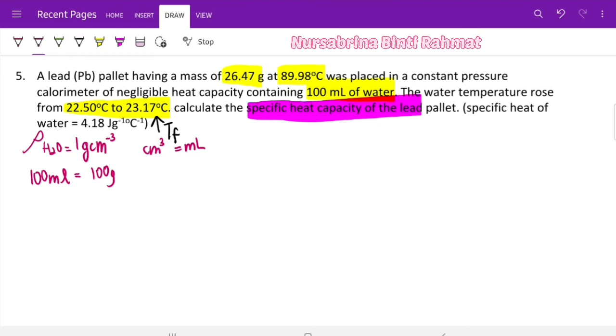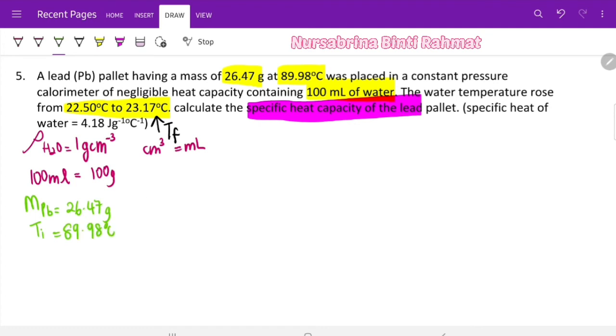So let's abstract the information that we have. The mass of the lead, mPb, equals 26.47 grams. The initial temperature of my lead is 89.98 degrees Celsius.